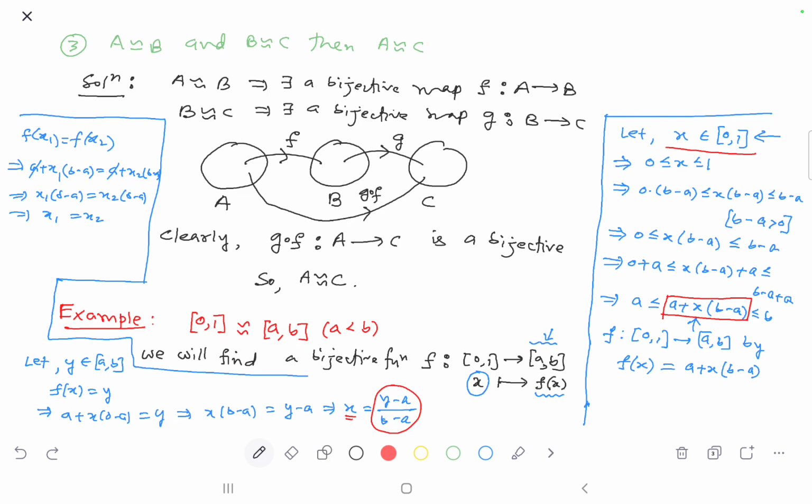Right. So let me go to the next. The next idea is cardinality.